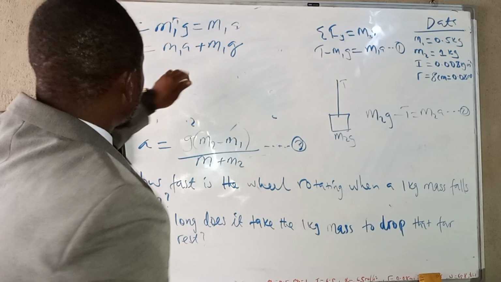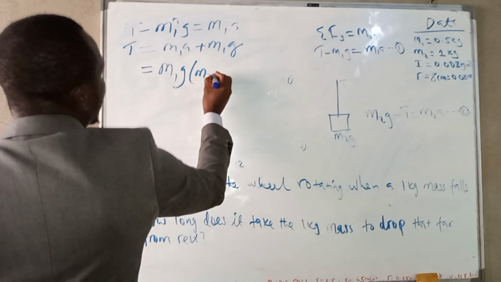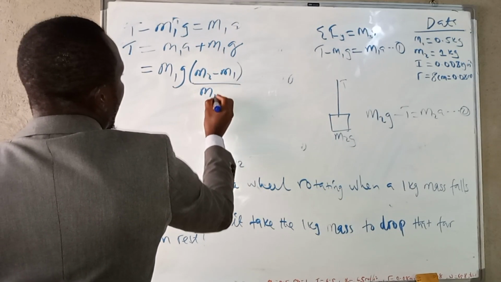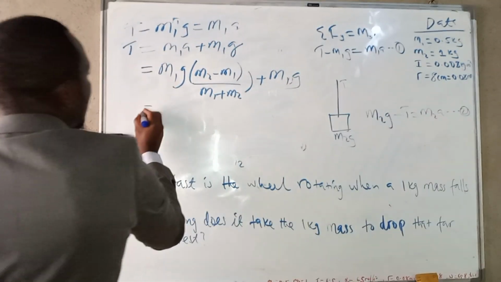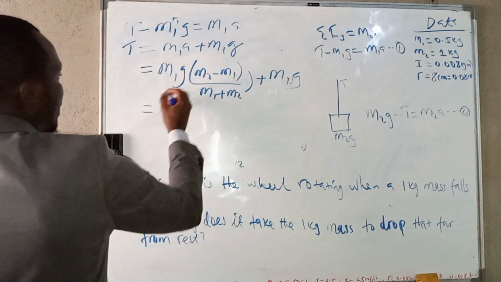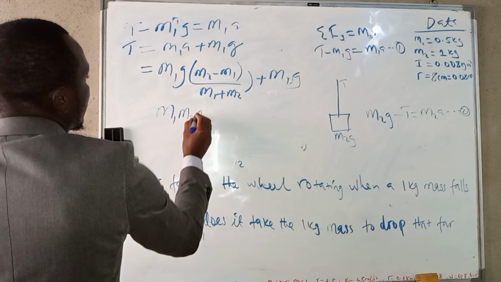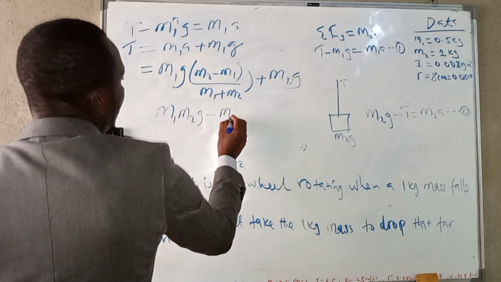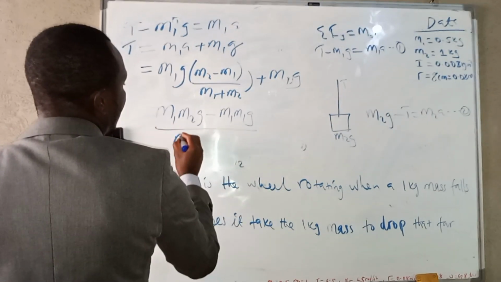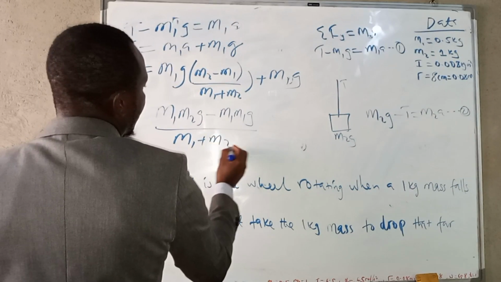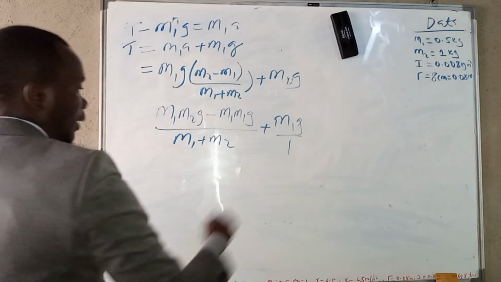Putting in A, we have M1 times G times M2 minus M1 over M1 plus M2, plus M1G. We distribute M1: M1M2G minus M1M1G, everything over M1 plus M2, plus M1G over 1, so that we work it out from here.